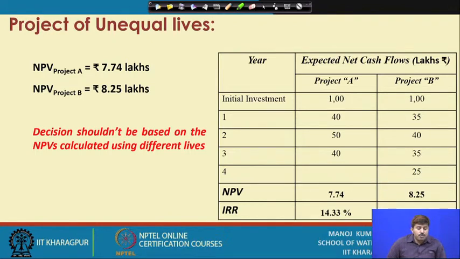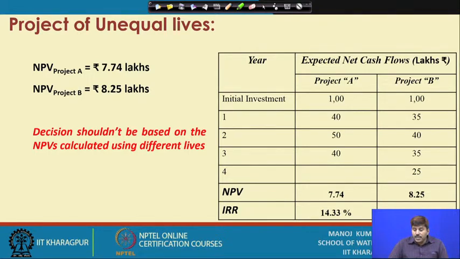Now, decisions should be based on the net present values, as we saw earlier that net present value was giving us the right ideas in the different cases. But decisions should not be made based on net present values calculated using different lives.